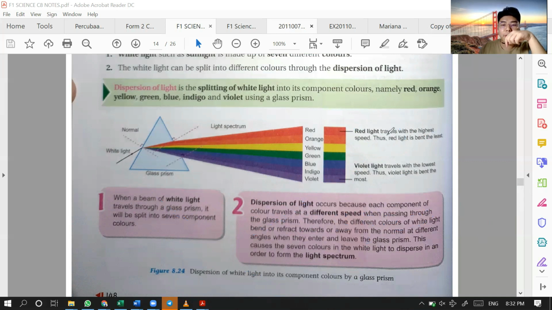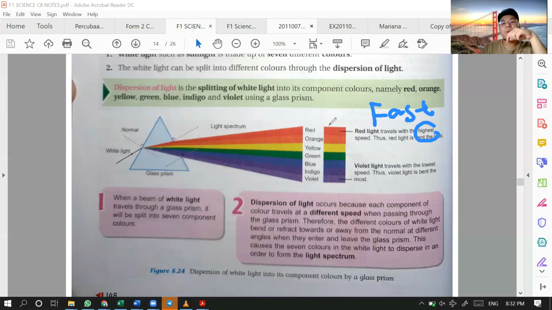So whenever the speed is highest, that means they are the fastest. They will refract very little because they don't want to waste time. They want to pass through the glass block very easily. So their refraction is the least.